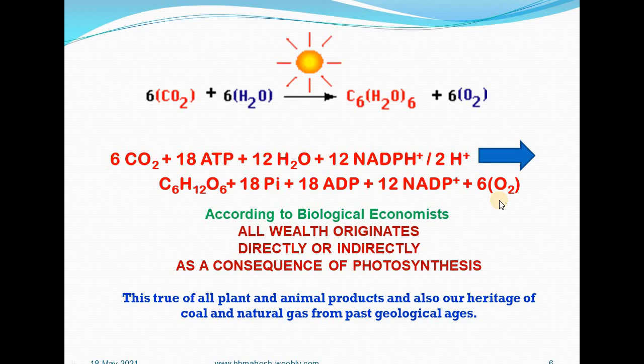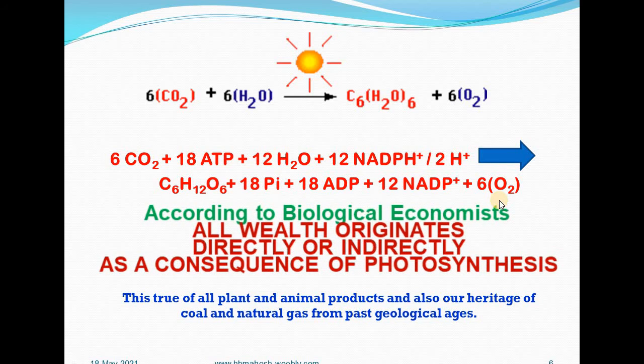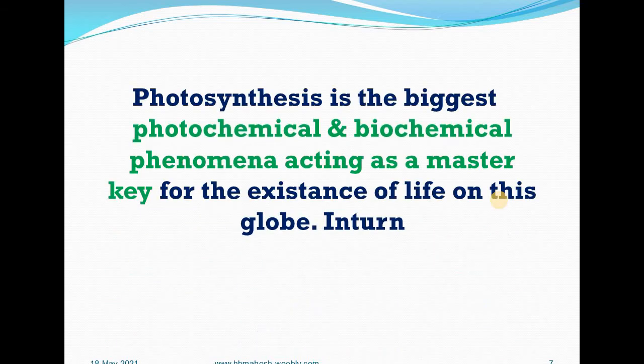The energy released from them upon combustion represents the sunlight of past geological epochs. So this is true of all plant and animal products and also our heritage of coal and natural gas from the past geological ages. Hence, photosynthesis is the biggest photochemical and biochemical phenomenon acting as a master key for the existence of life on this globe.